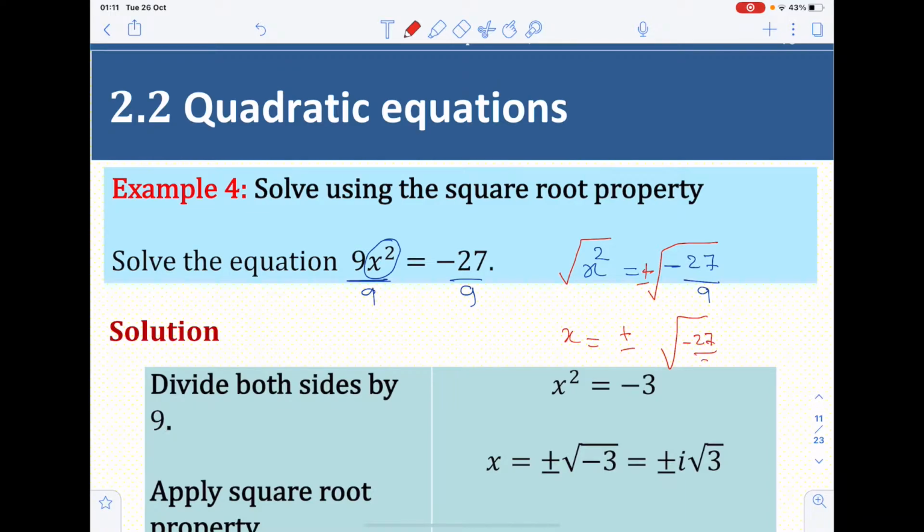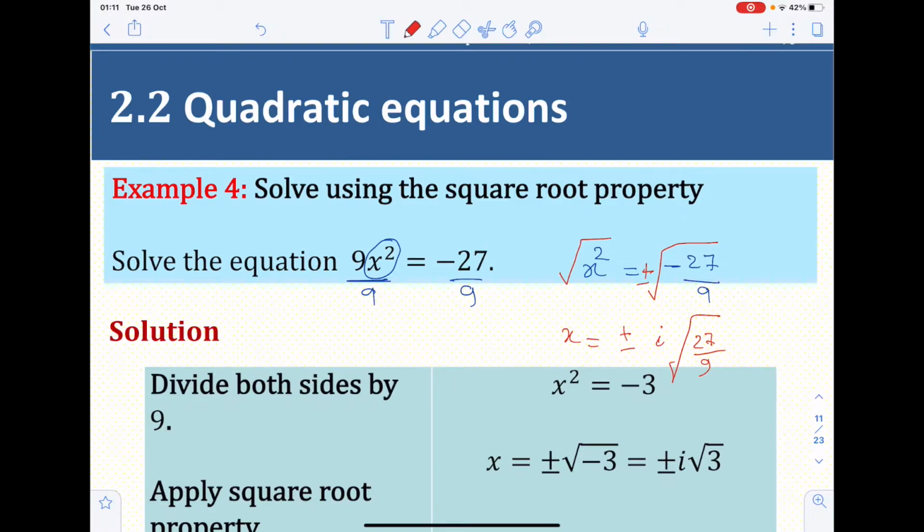Now you know that the negative sign can be taken out of the square root with i. So I'm going to bring it out of the square root and replace it with i, and this would be the answer.